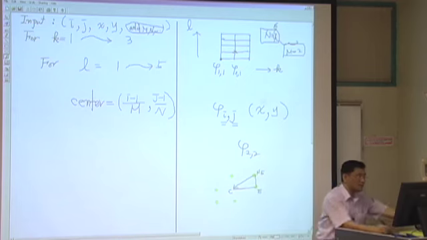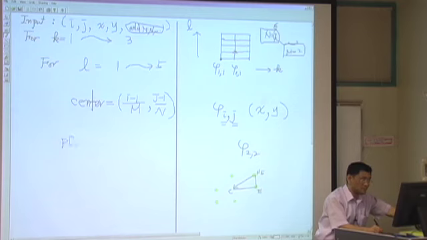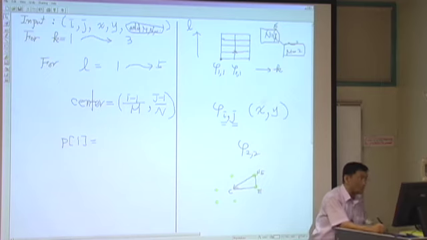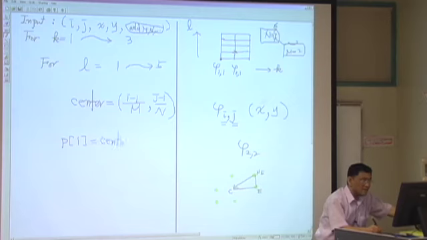So I store P1 position, and then P1 position is the center position in vector notation or coordinate system notation, plus M over 1, right?